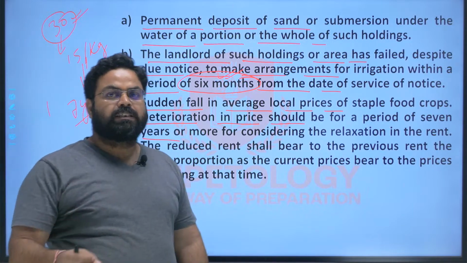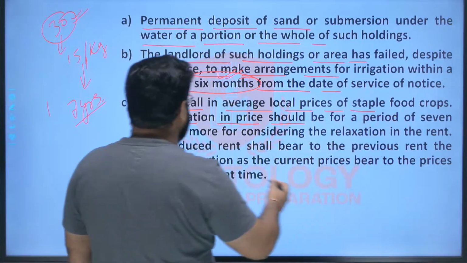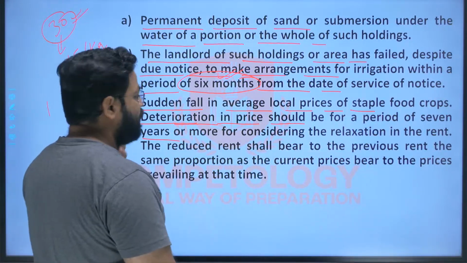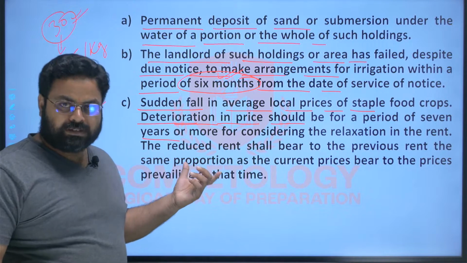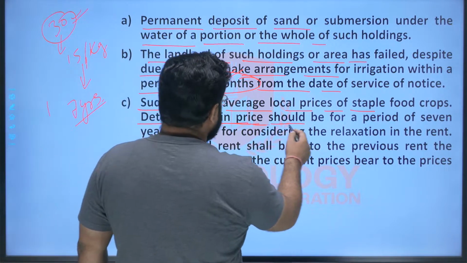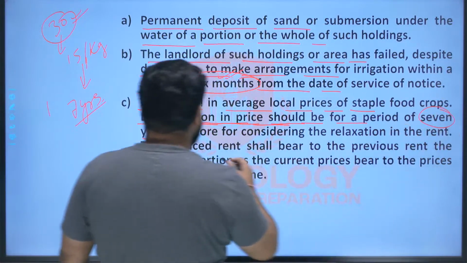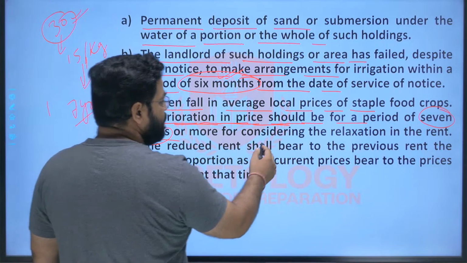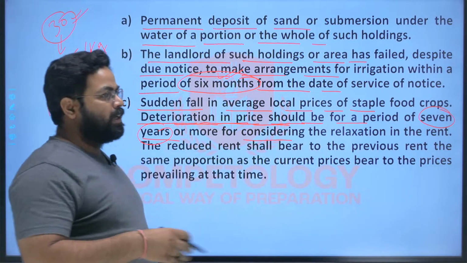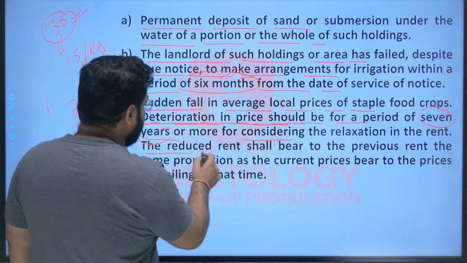So in such cases again, if the average local price of the staple food has dropped and the cultivation was being done for the staple food itself, then the determination of the price should be for a period of 7 years. If for 7 consecutive years the price is less in comparison with the earlier price, then relaxation in the rent can be provided.